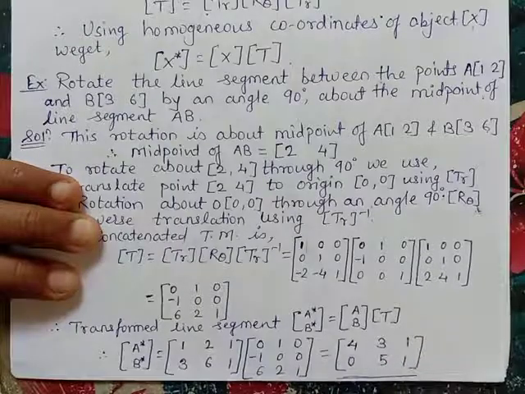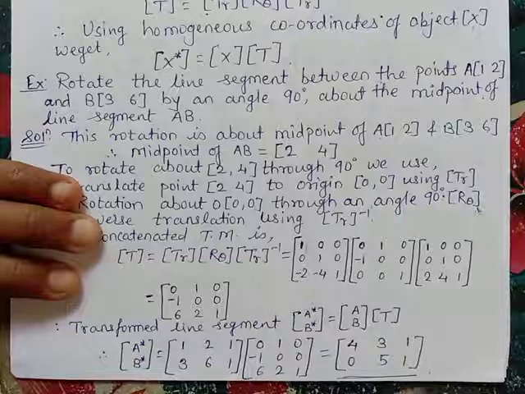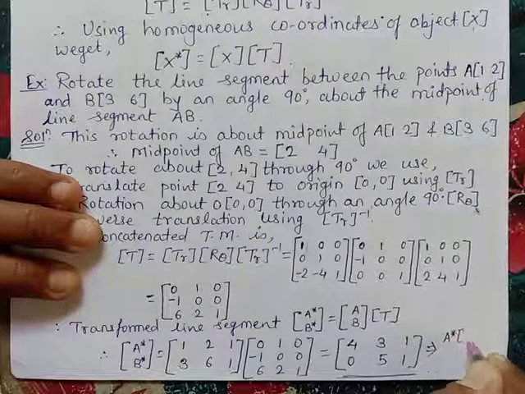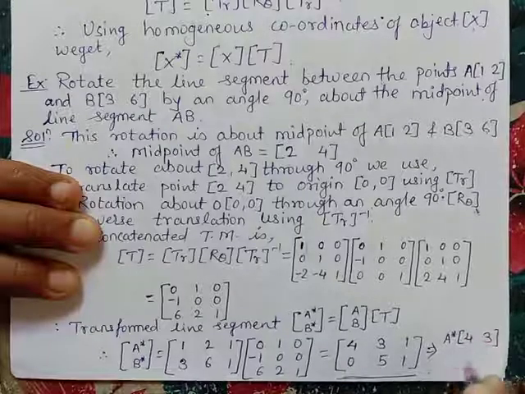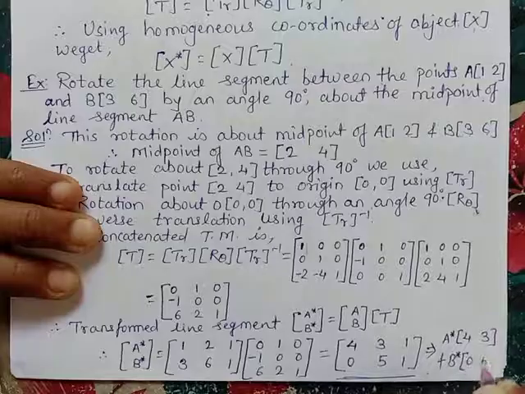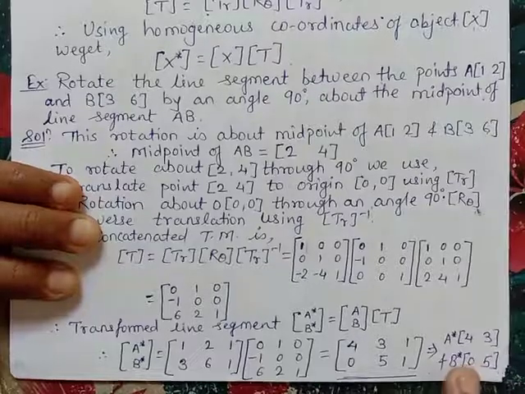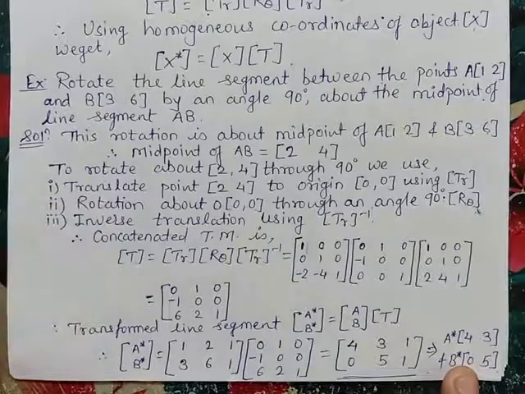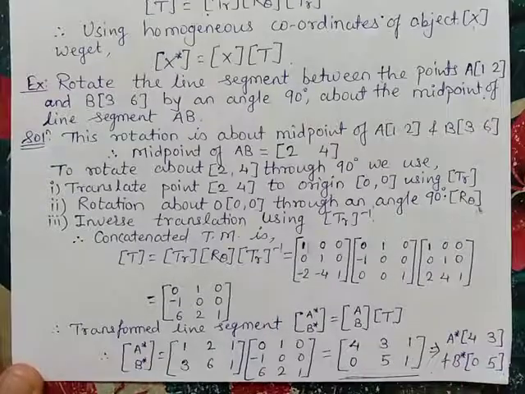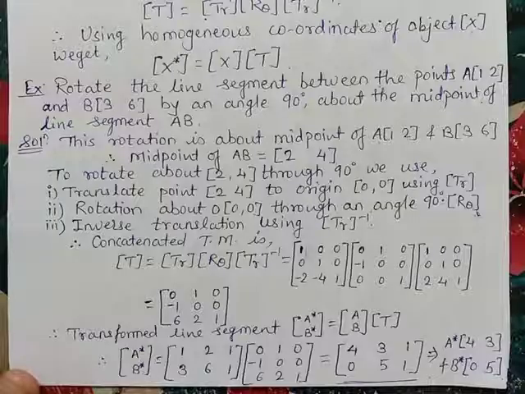This is the answer here. This gives A star having the coordinates 4, 3 and B star having the coordinates 0, 5. You can check these things on a two-dimensional plane using the graphs. Okay.